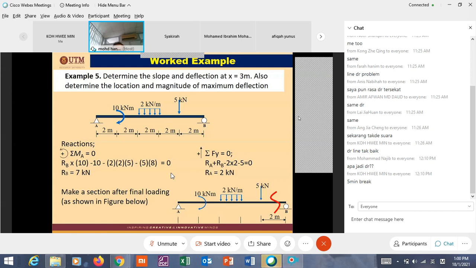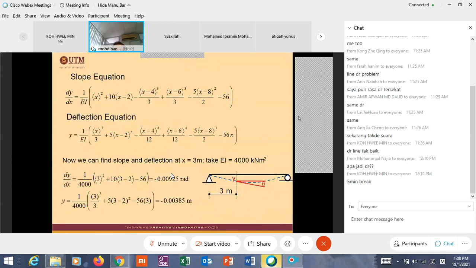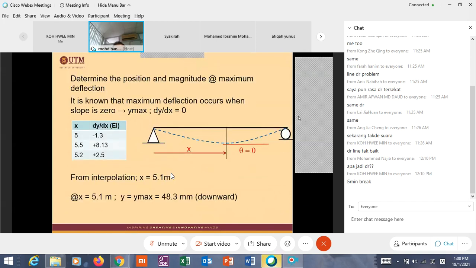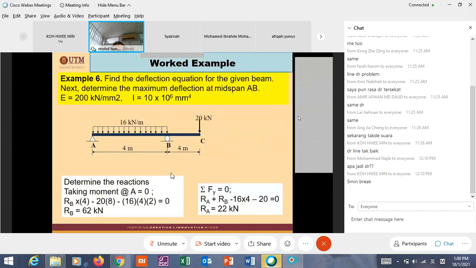You need boundary conditions, and you also need matching or compatibility conditions. So this is why the Macaulay method is very important for you to understand and be familiar with in your future works or any assignment.